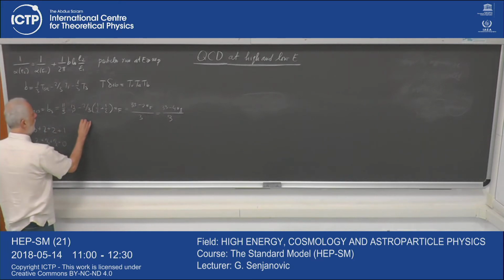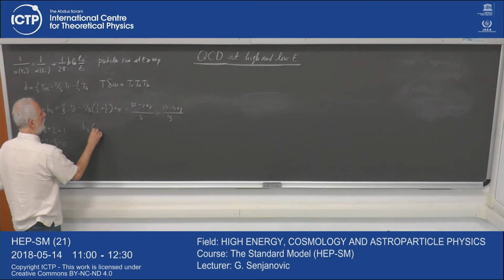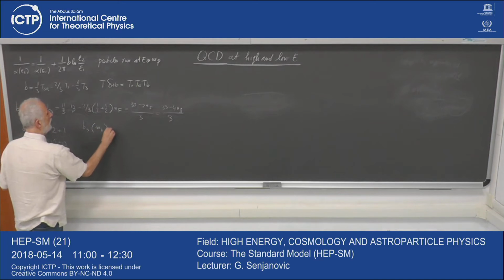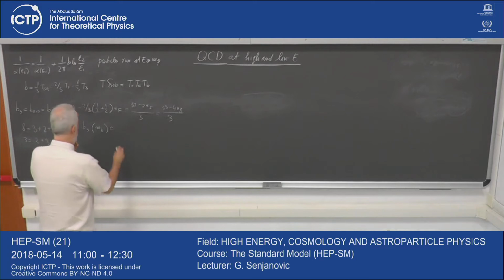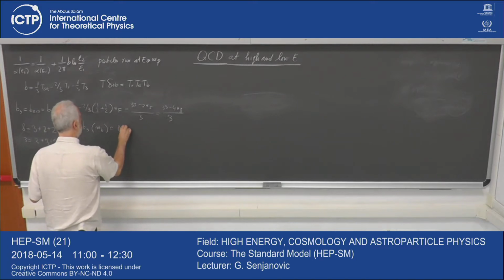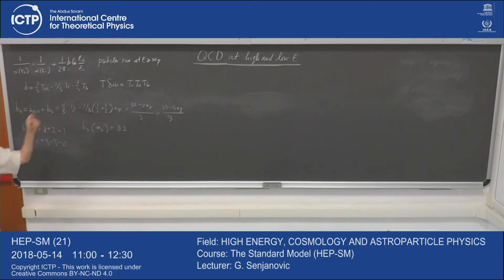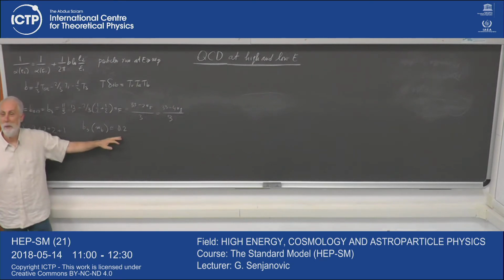So just to give you, alpha 3 at the bottom mass, which is 4 point something GeV, is about 0.2. That was measured. See, this is sort of beginning to look good. This is already a bit small, right? It's a number less than 1.